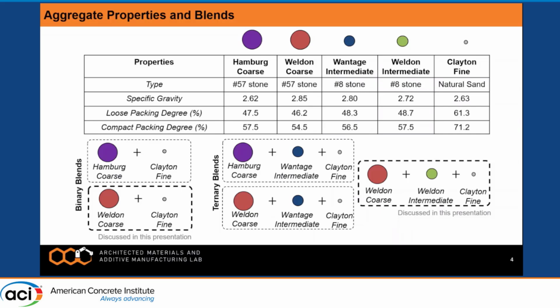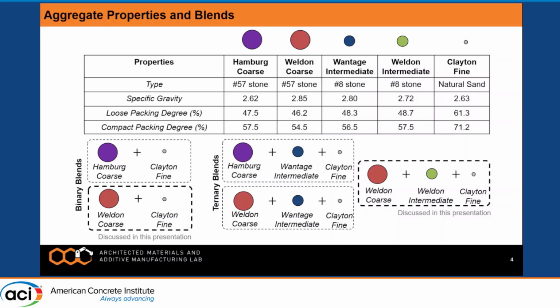So we have used different types of aggregates: coarse aggregates, intermediate, and fine aggregates. We had two types of coarse, Hamburg and Weldon, two intermediate number 8 stones, Vantage and Weldon, and one clay and fine.